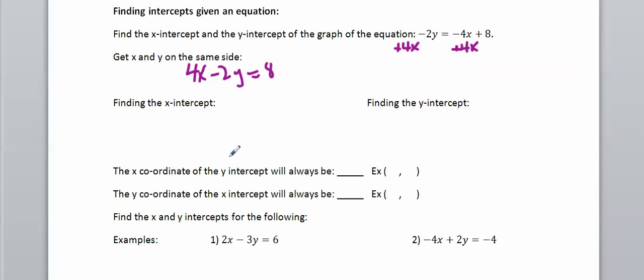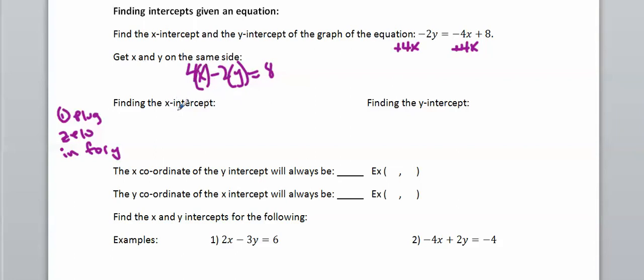Alright, if I want to find the x-intercept, I want to figure out an x value. And remember, x-intercepts have no y value, so I'm going to plug 0 in for y. I'm going to take this equation and replace the value that I'm not looking for.